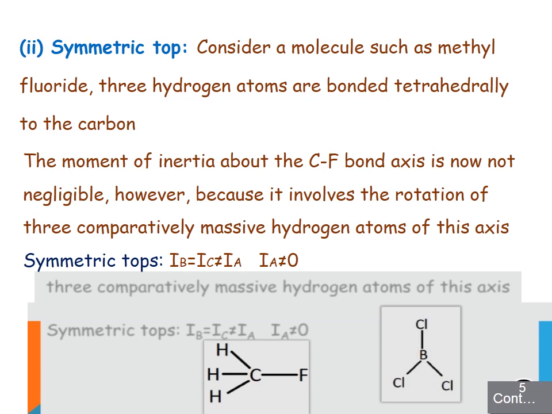Such a rotation about the axis is imagined as a top, thus the name. Therefore, the symmetric top has IB equal to IC, and IC is not equal to IA, therefore IA is not equal to 0.